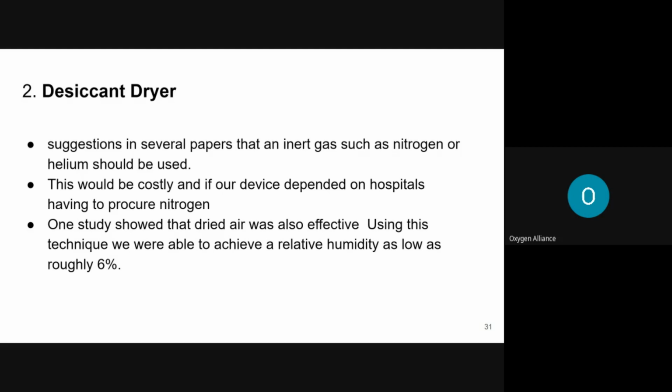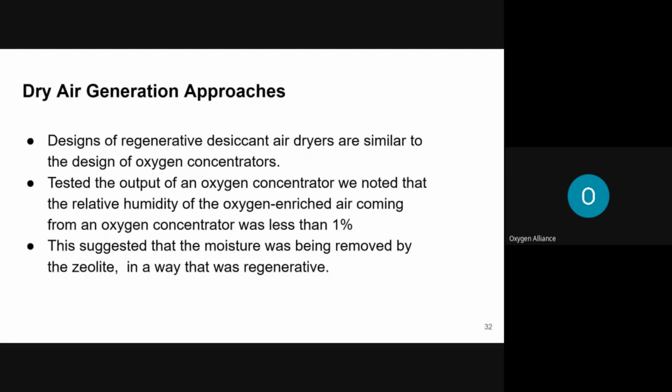So moving on to the next slide, we also came across a couple of designs, and these were designs of regenerative desiccant air dryers. When we examined the designs, we saw that they were similar. There were similarities with oxygen concentrators.